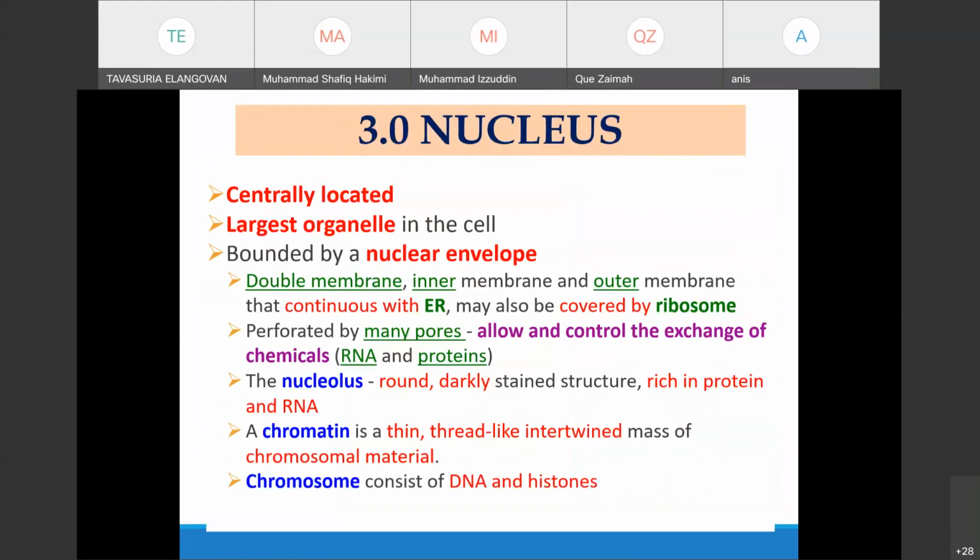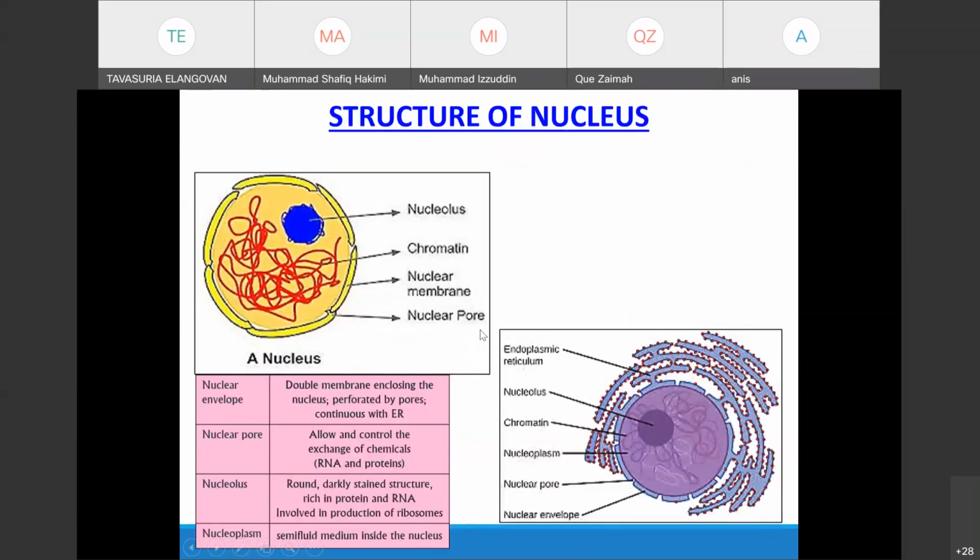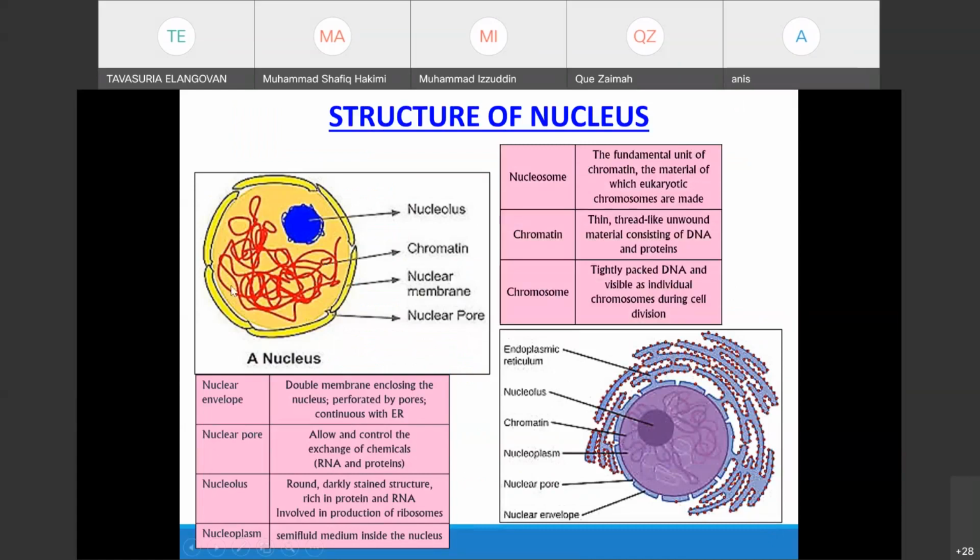Okay, and then the nucleus is the largest and central organelle in eukaryotes, which is absent in prokaryotes. Okay, so remember the nucleus is a double membrane bound organelle. So you should know the structure of the nucleus together with its function. Here you notice the nucleus is a smooth dark region that you can clearly see under the microscope.